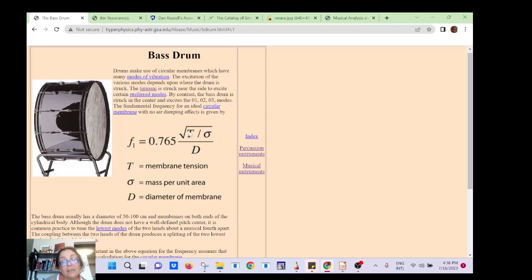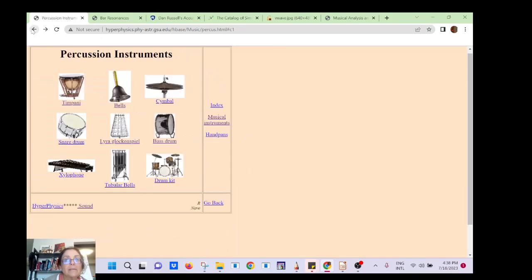The tension here is the restoring force, and it also depends on the physical properties, so the size of your instrument. So there is a lot of physics, trying to find experimentally, in many cases, the frequencies, the resonance frequencies, all the modes.